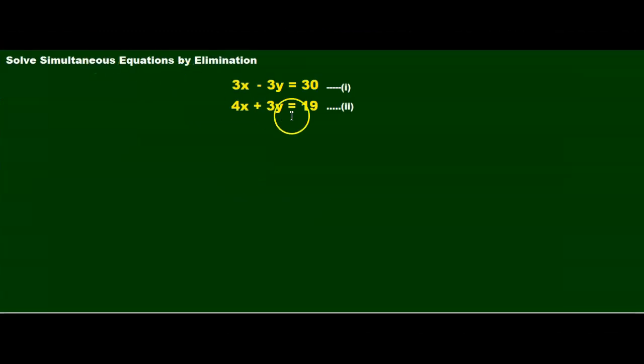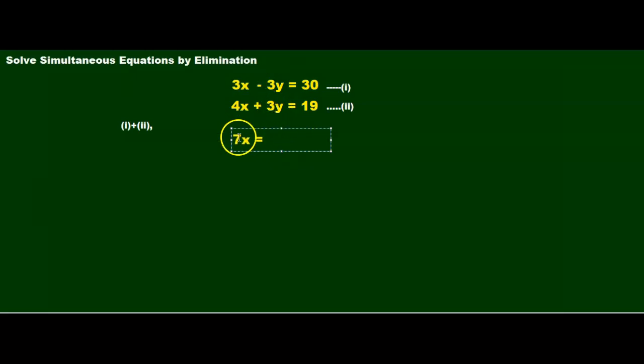Let's try another one. Now we see here we have a negative 3y and a positive 3y, so if we add our two equations down along the columns, we can eliminate our y. So we can say equation 1 plus equation 2. 3x plus 4x gives me 7x, and then negative 3y plus 3y gives me 0.